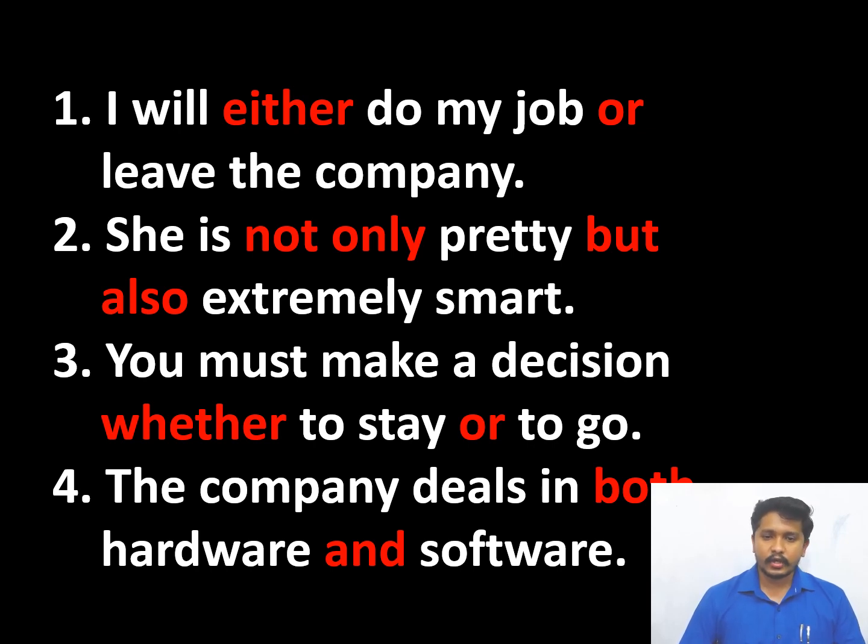This is an example of a correlative conjunction, because not only but also work as a team. You must make a decision whether to stay or go. Whether and or are the conjunctions here.